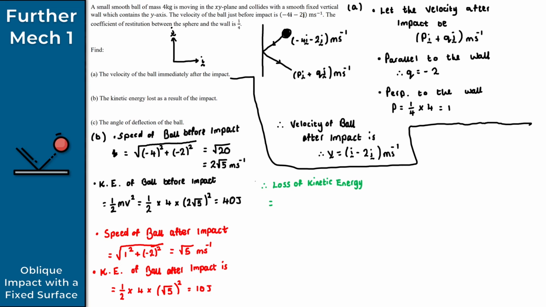It's the difference here in the kinetic energy of the ball before impact and after impact. So I get 40 minus 10 here. Nice and straightforward, then that's just simply 30 joules here. Okay. And there we go then. So that gives us the solution to part B.